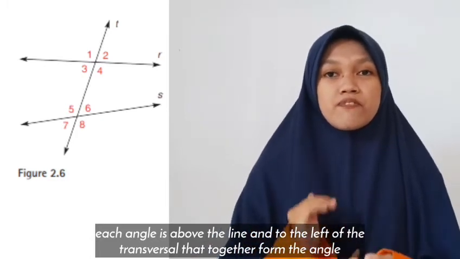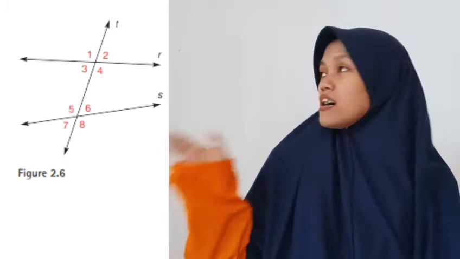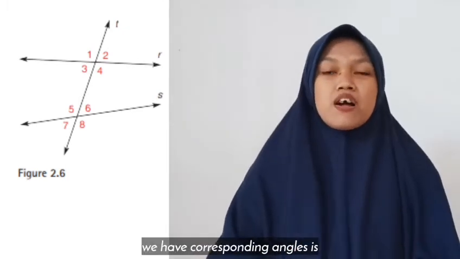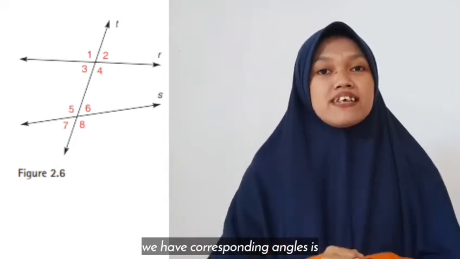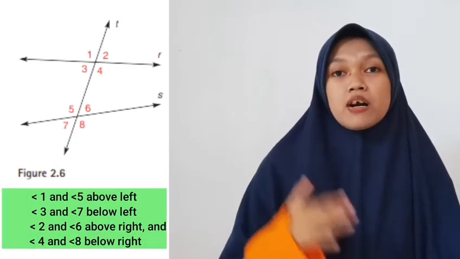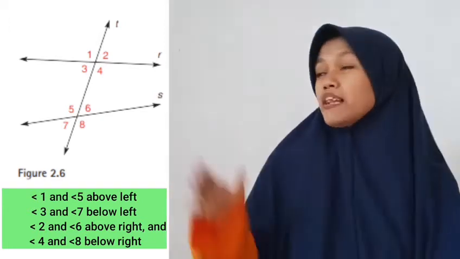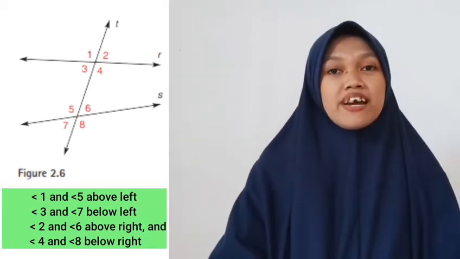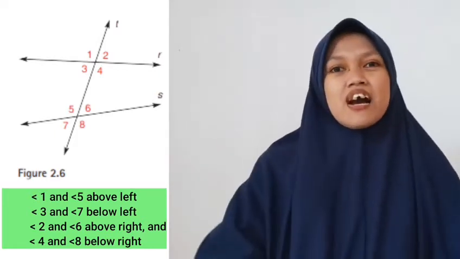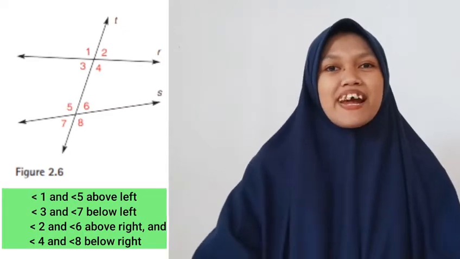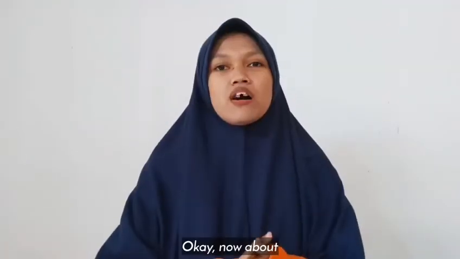We have corresponding angles: angle 1 and angle 5 above left, angle 3 and angle 7 below left, angle 2 and angle 6 above right, and angle 4 and angle 8 below right.